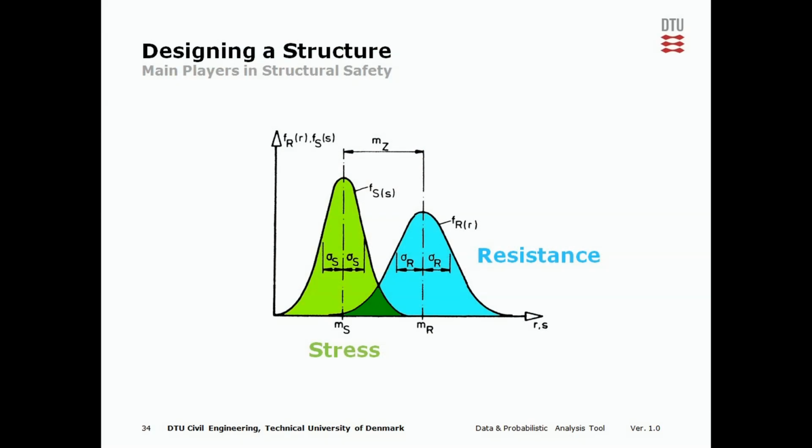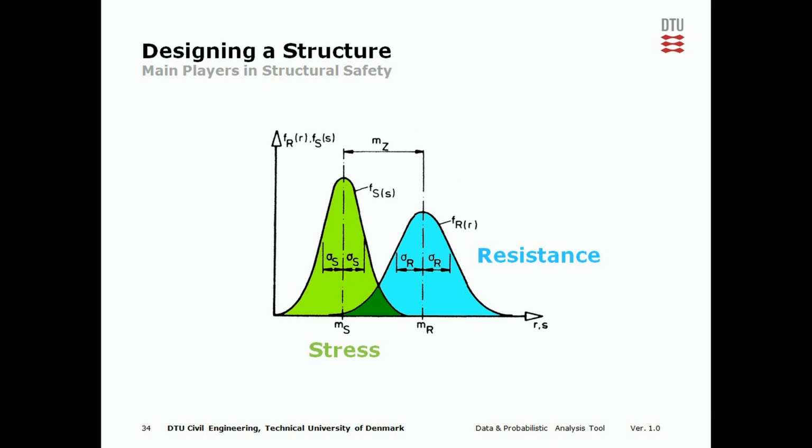We come now to the third script in the software package, which is calculating and presenting the joint probability of two stochastic variables. Here in this example, one stochastic variable can be the resistance of a structure determined by the property of the material.